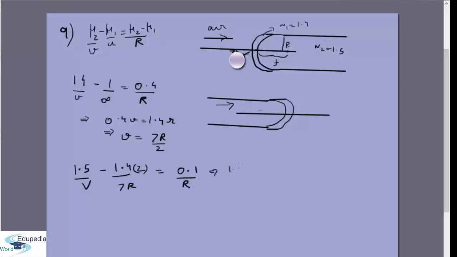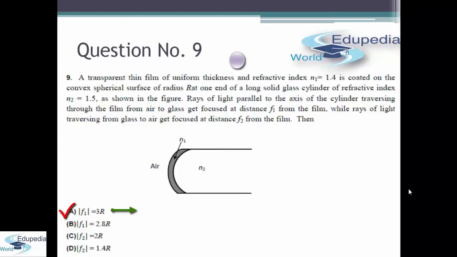So this gives me 1.5 by V is equal to 1.4 by 7, this 2 by 5 R plus 1 by 10 R, which is 4 by 5 R plus 1 by 5 R is 5 by 10 R, so 1 by 2 R, which means final V, or rather mod F1, which is the final place where they'll come, is equal to 3R.